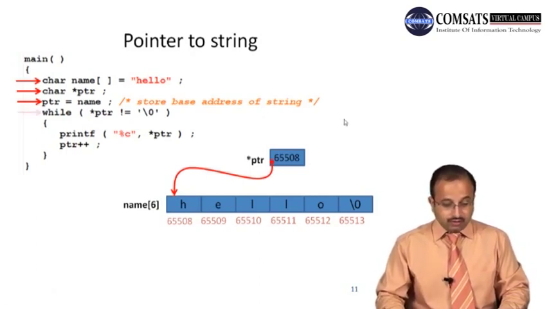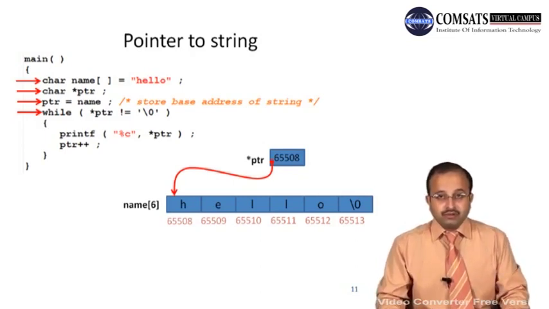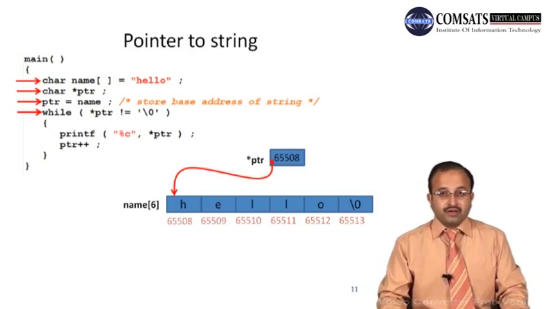Then you come inside the while loop and you check while *PTR is not equal to null. What is *PTR? PTR is 65508 and *PTR is *65508. This means that you can read it out as the value at address 65508. And what is that value? That value is h.